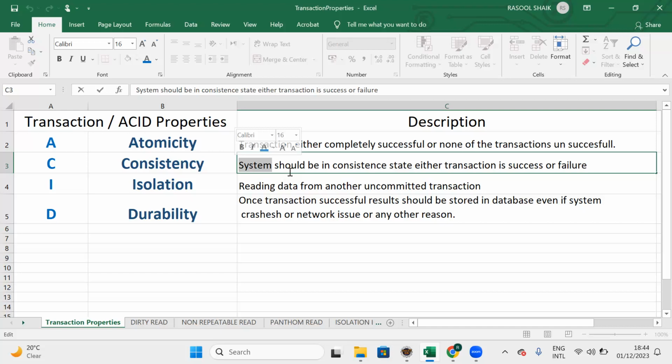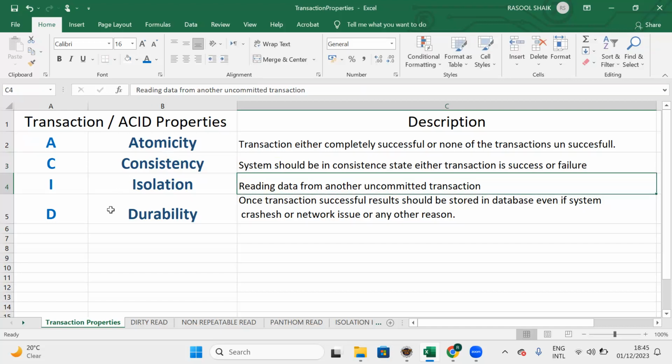Any online transaction, database operation or bank account transaction, we call it a system, so you can understand the meaning of system. So the system should be in a consistent state, whether the transaction succeeds or fails; that is consistency.